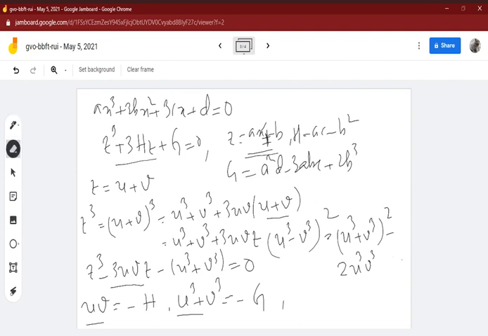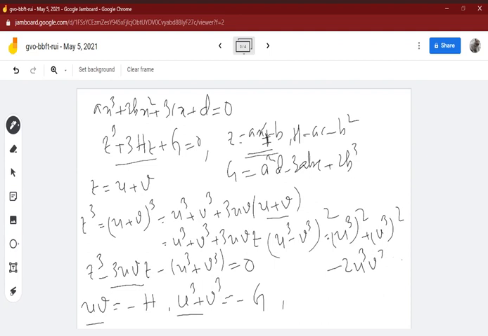Something is wrong. Okay, this is a square plus b square minus 2ab.